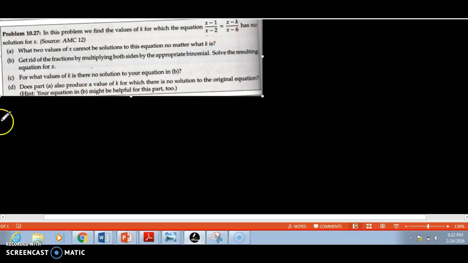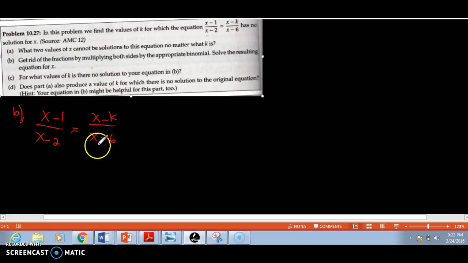Okay, so let's copy your fraction. This is letter B. Okay, x minus 1 over x minus 2 is equal to x minus k over x minus 6.